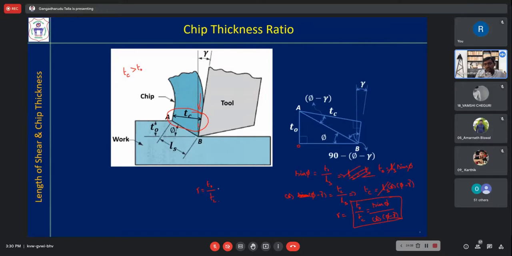But TC being less doesn't mean that TC is less than T0; its absolute value is less. So there is not much difference.